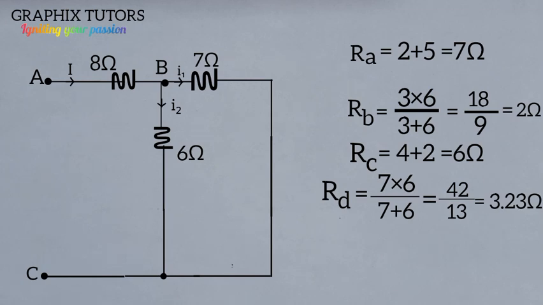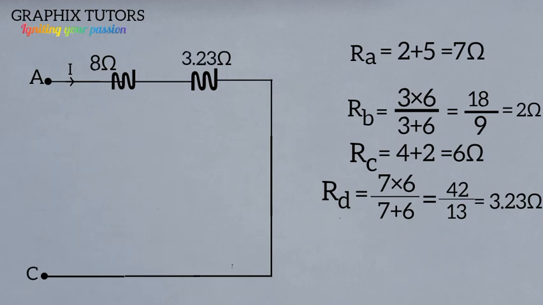So if I redraw, my 8 is still intact. The important thing is that my I total that is flowing from the beginning is flowing through 8. The same I total is flowing through 3.23. Because of that, we're going to add both of them. Now, what do you notice? We have already brought all the resistors into this final one, right?